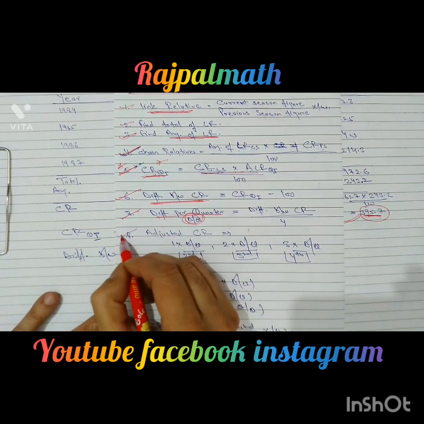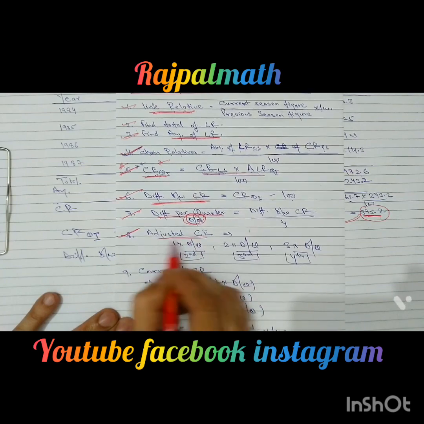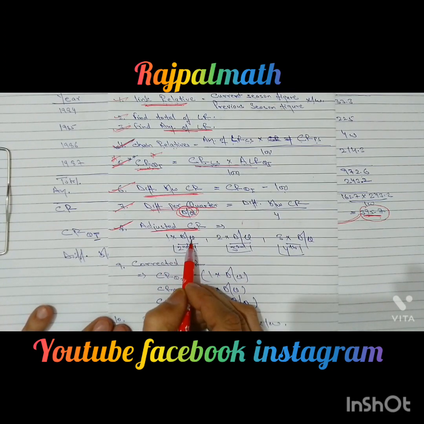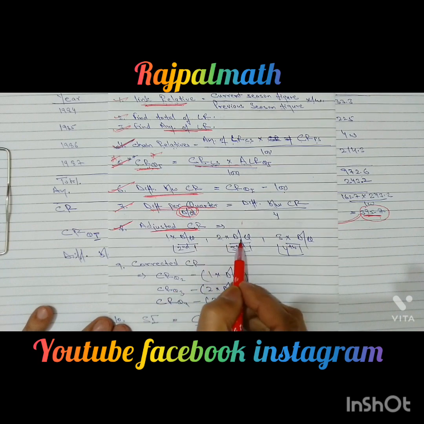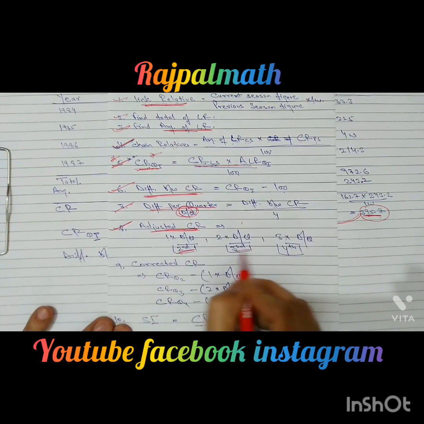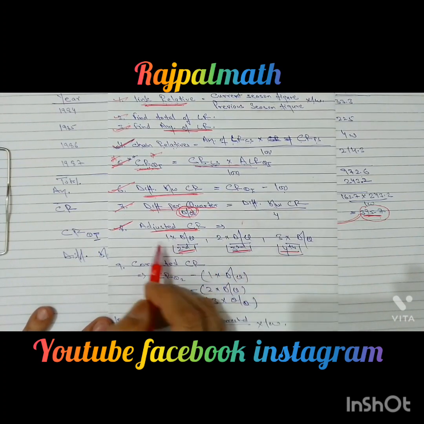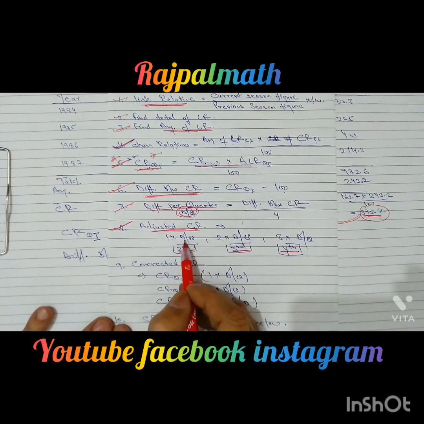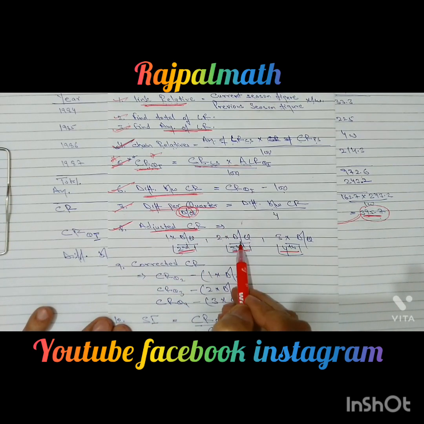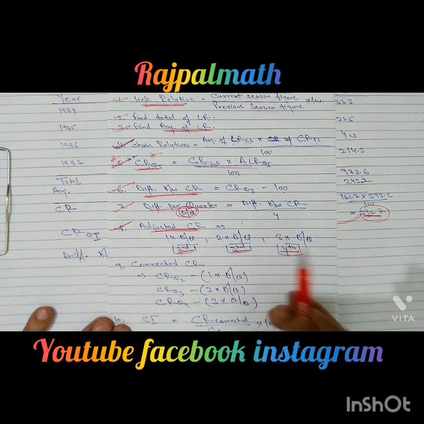Clear? Now step number 8: adjusted CR. It means 1 into the difference per quarter, 2 into the difference per quarter, 3 into the difference per quarter, for the second year, third year, fourth year. Adjusted CR is step number 7 into 1, step number 7 into 2, step number 7 into 3.